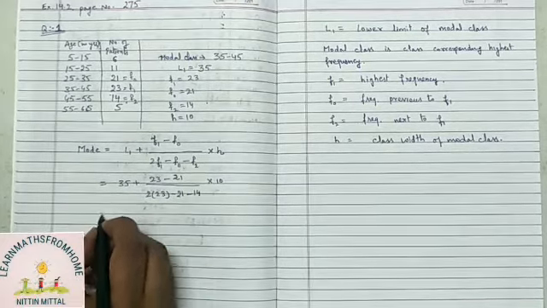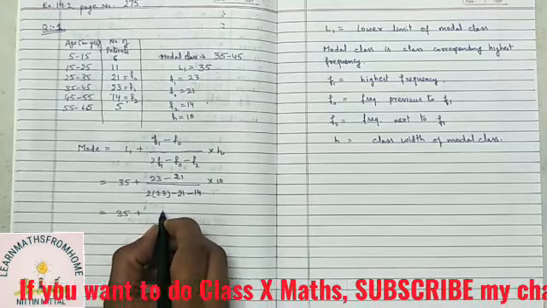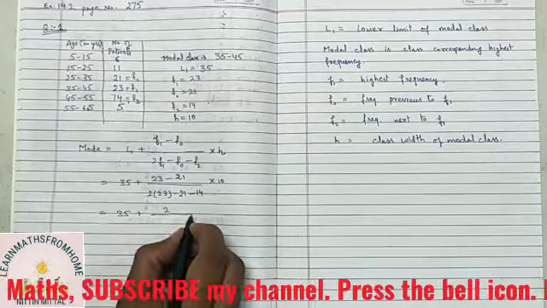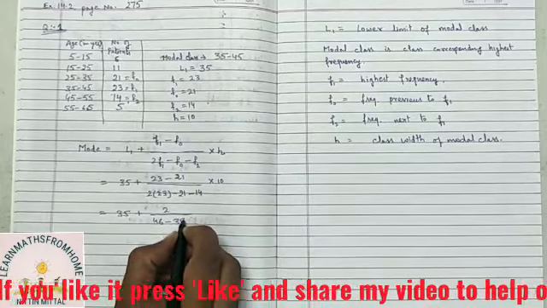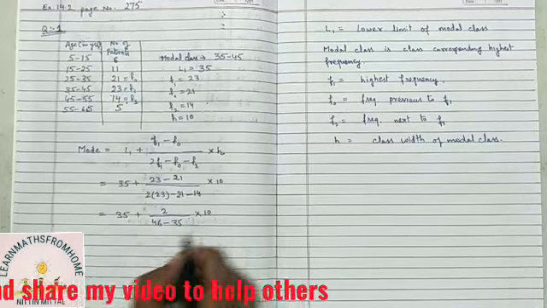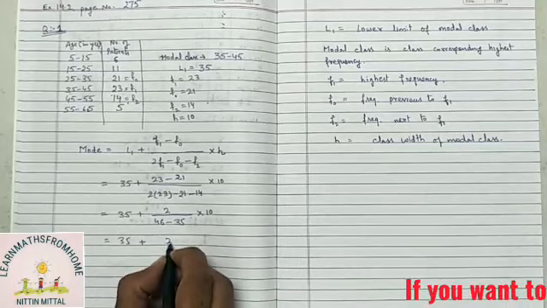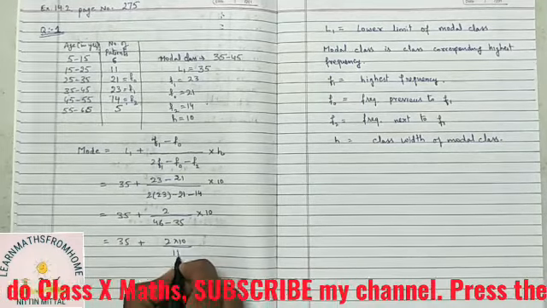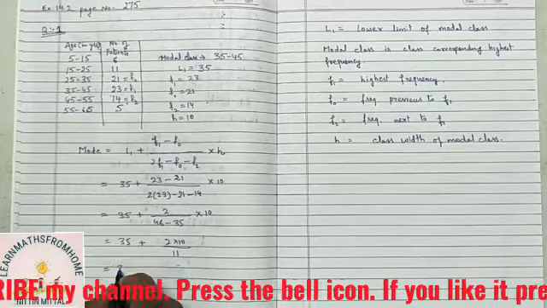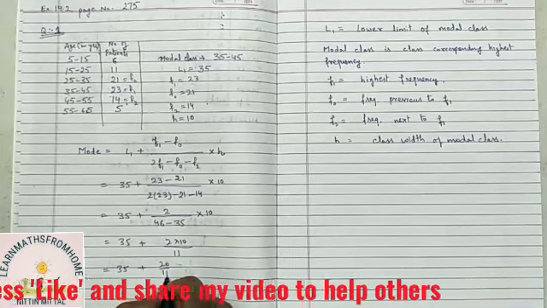So we have filled in all the values. Now simplify carefully. 23 minus 21 is 2, over 46 minus 35, into 10. So it is 35 plus 2 into 10 over 11. So it is 35 plus 20 over 11.